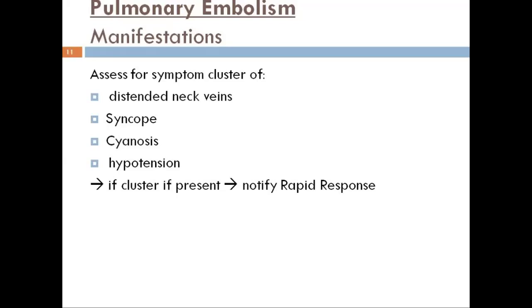If this cluster is present, you have to notify rapid response. Very important. So distended neck veins, syncope, fainting spells, the person turning cyanotic, and hypotension, dropping blood pressure. Rapid response has to be initiated.